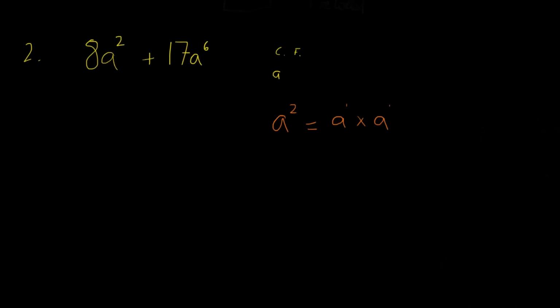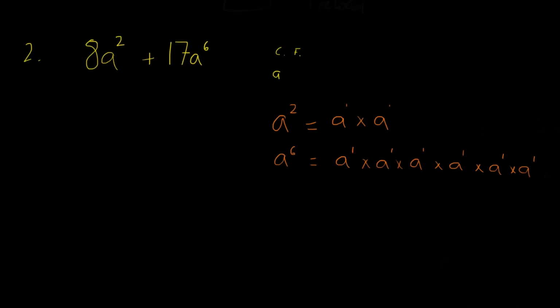And a to the power of 6 means a times a times a times a times a times a. So we're adding up all these 1s, 2, 3, 4, 5, 6. That's what this means. So can you see a pattern here?